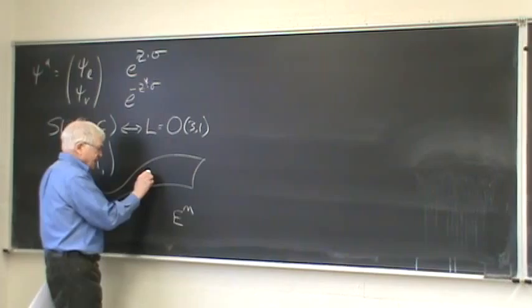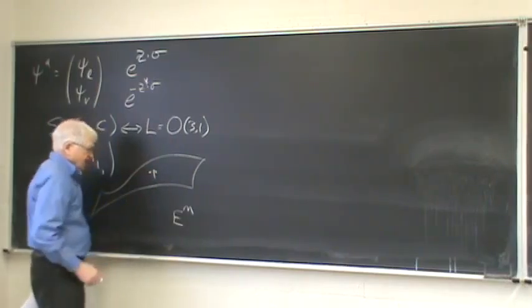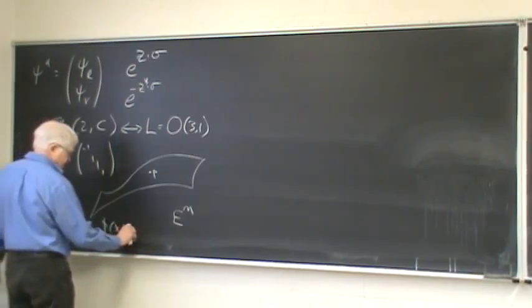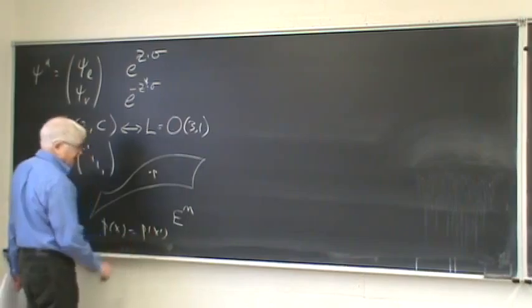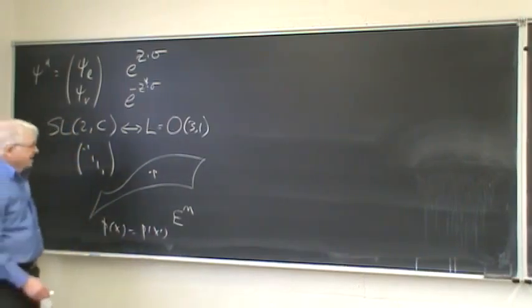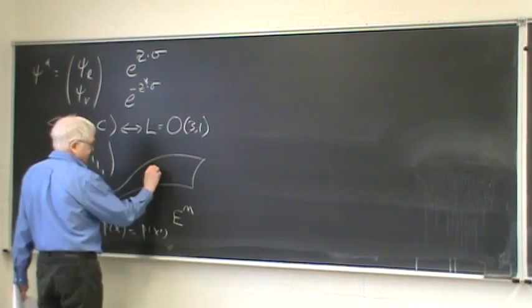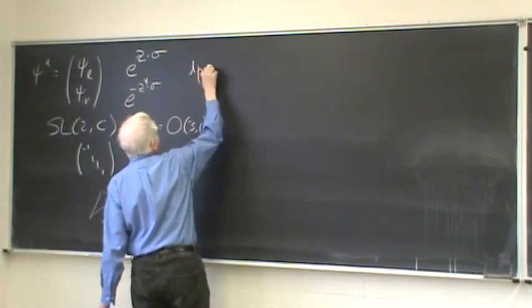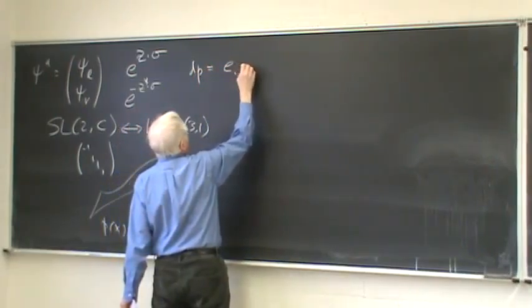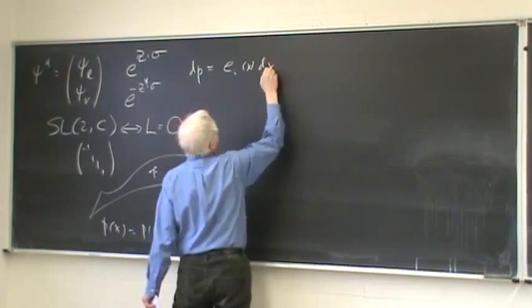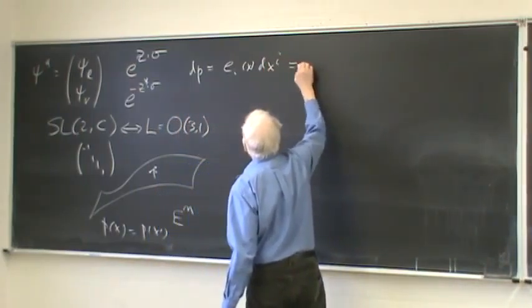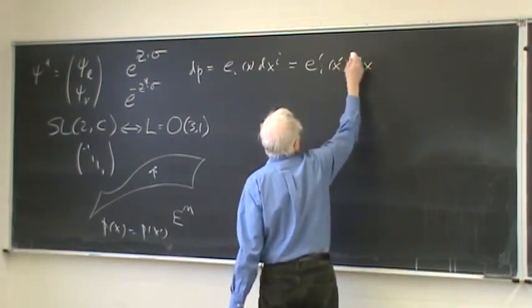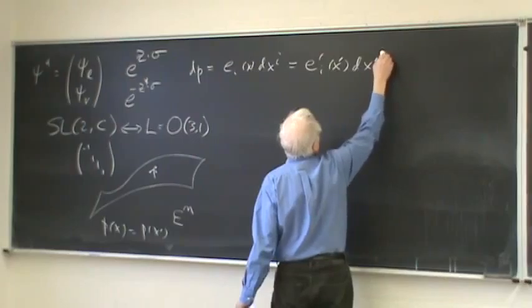But on this thing, we have for each point P, the points P are physical, but we describe the points with coordinates P of x or P of x prime, and then we can talk about small changes in the location of the point P. And dP is some e_i of x dx^i, and we can also write it as e'_i of x' dx'^i.